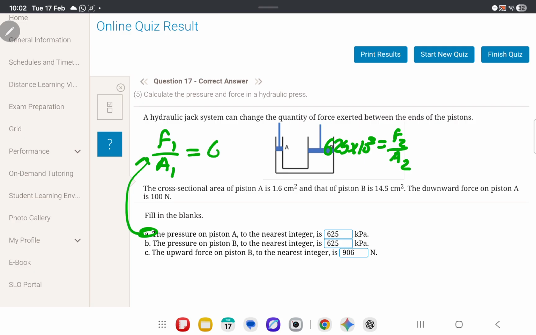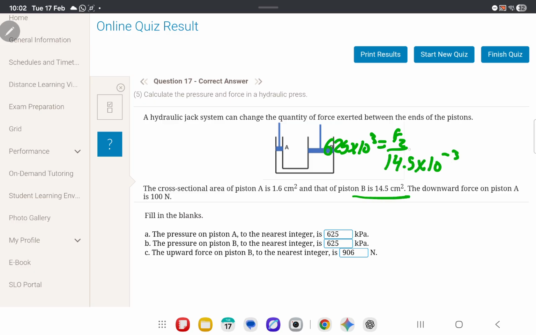So you don't need to write 100 over 1.6 times 10 to the power of minus 4 equals F2 over A2 and then cross multiply. You can just do this on an equation solver on the calculator, and it's less for you to write. So this is 625 times 10 to the power of 3 equals F2, which we don't know, over A2, which is 14.5 times 10 to the power of minus 4.